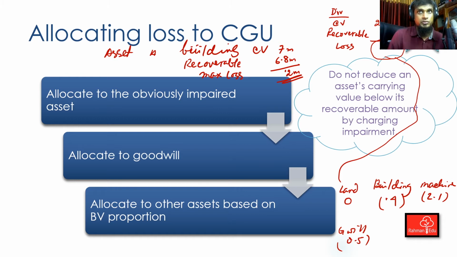Of course, you are not going to do that. You are a human being, right? You are an accountant, but you have a life. So you just put the loss based on book value proportion to the other thousands of assets. But this time, you know the figures, carrying value and recoverable amount, so the exact amount should be allocated to that asset. Hopefully that makes sense. Yes.